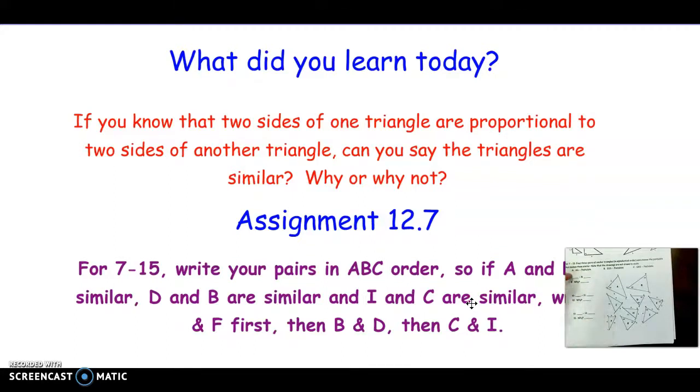Just make sure that the first letter of each similarity is the one that comes first in the alphabet. So don't write IC here and then AD here. A comes first, so you'd write that here. And then don't write IC when C comes first in the alphabet. So everything should just be alphabetized, just so we're all getting the same answers.